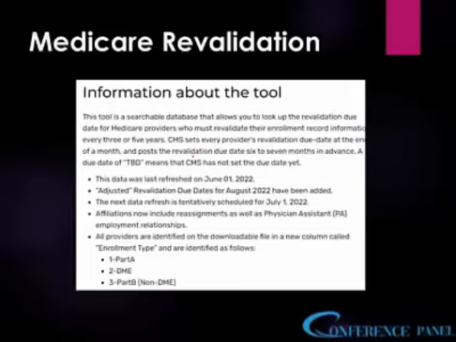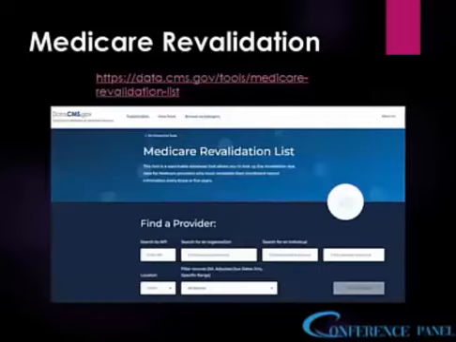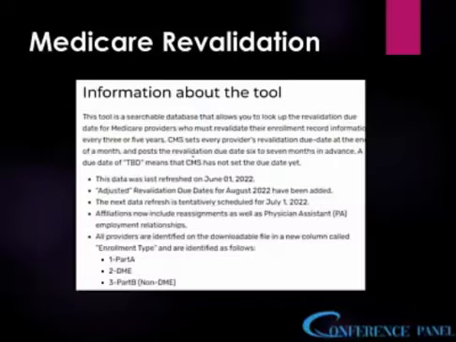All of this will be shared with you: data.cms.gov has a data file as well as an interactive tool that you can go through and search your providers. The tool will tell you when your provider has a revalidation due date, if that's been disclosed. If it's not, it'll just say TBD, which means you're not up for revalidation yet.